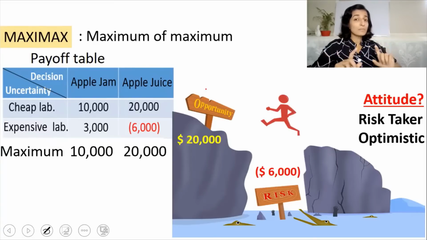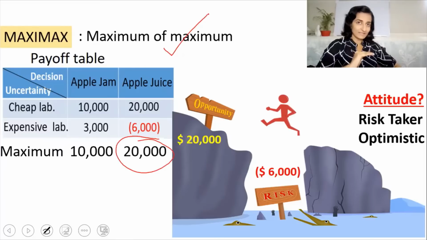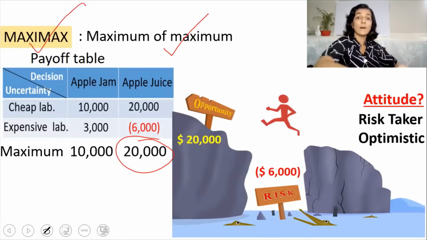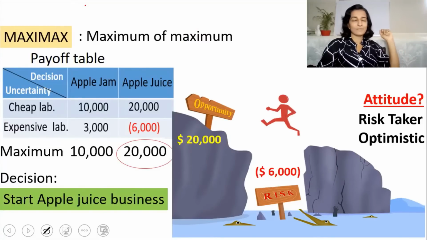So these are the maximum profits of the two businesses. Out of this, he will select the maximum, okay? So he will select the apple juice business. That is, first you will take the maximum profits of each of the decisions, and out of which you will select the maximum. That is why it is termed as the Maximax approach. So the final decision is, he will start the apple juice business.